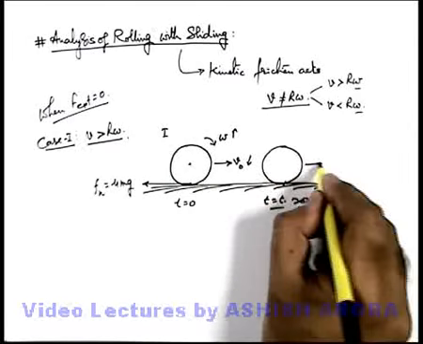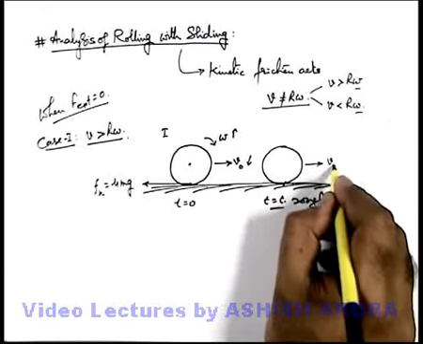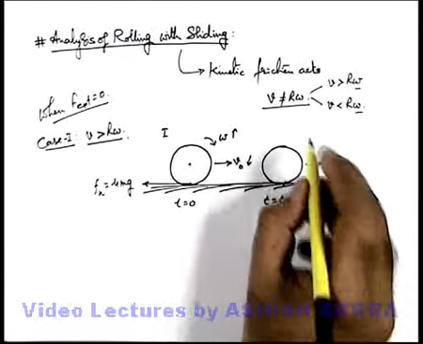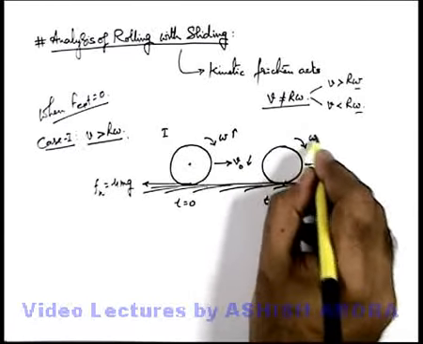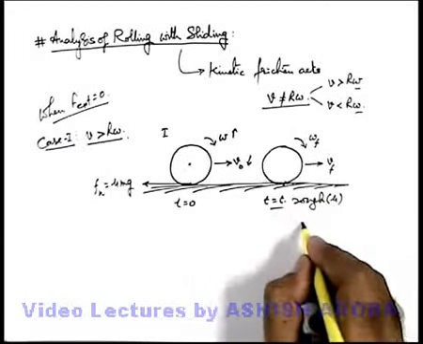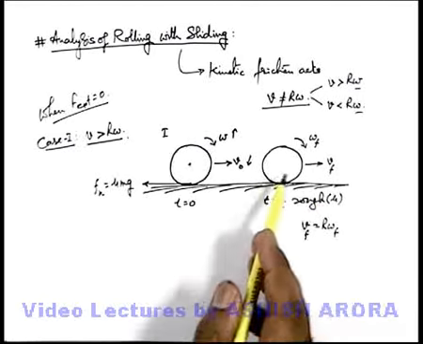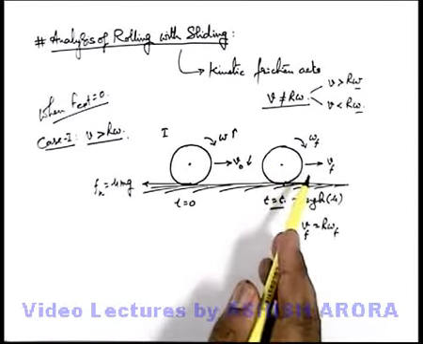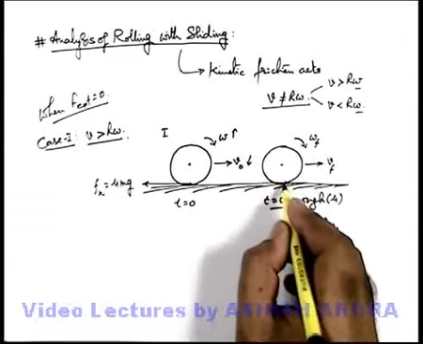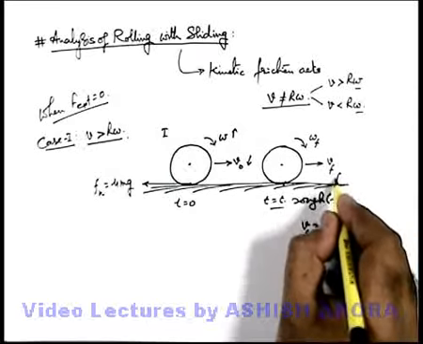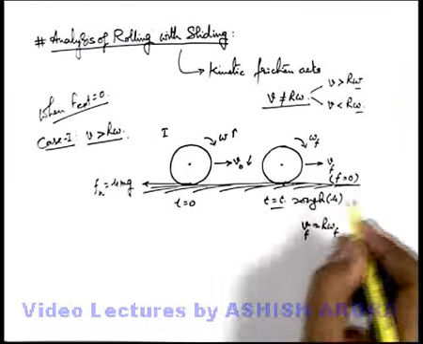We can state the body has some decreased linear speed Vf and some increased angular speed omega f such that Vf is equal to R omega f. As no external force is present, and Vf is R omega f, from this point onward we can write the friction is equal to 0.